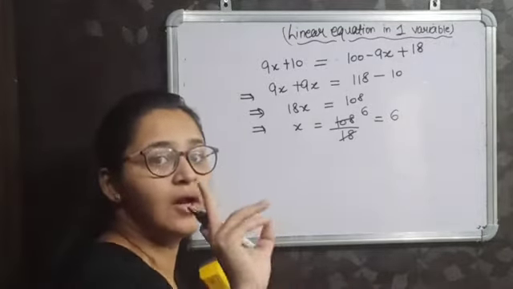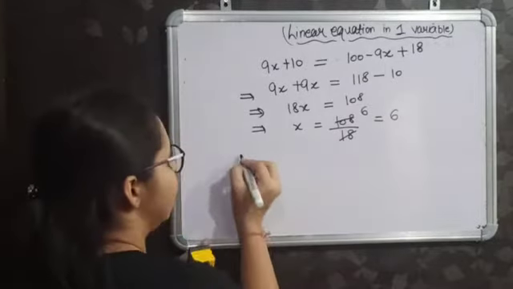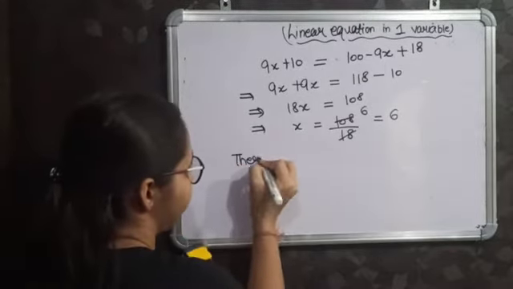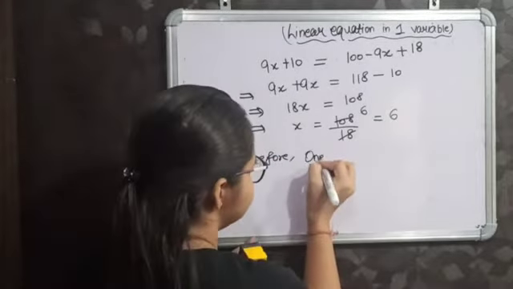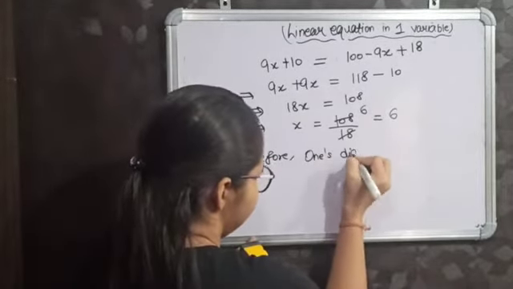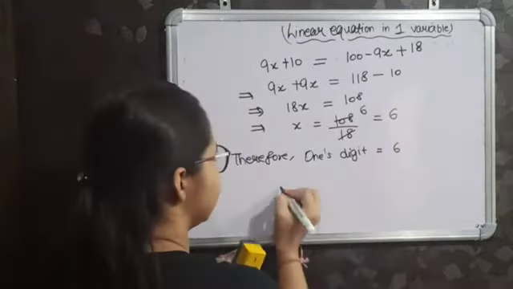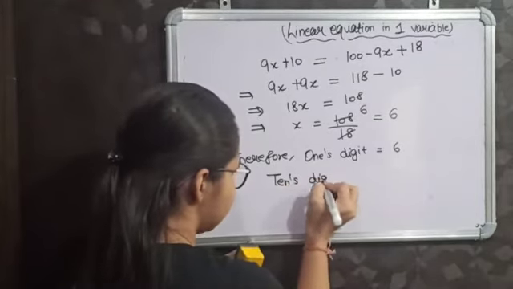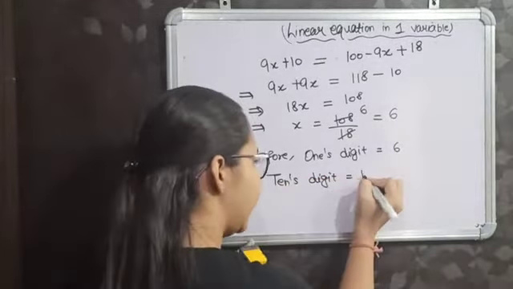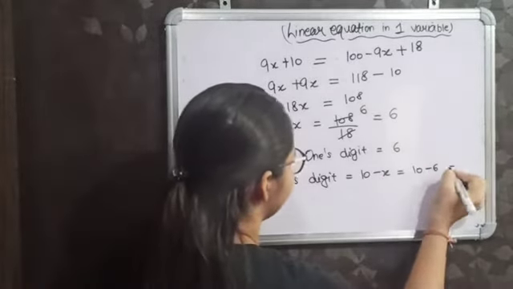And remember, what was your x? Your x was your 1's digit. Therefore, you found that the 1's digit of the original number is x. X is 6. And the 10's digit is equal to 10 minus x, and 10 minus x means 10 minus 6, which is equal to 4.